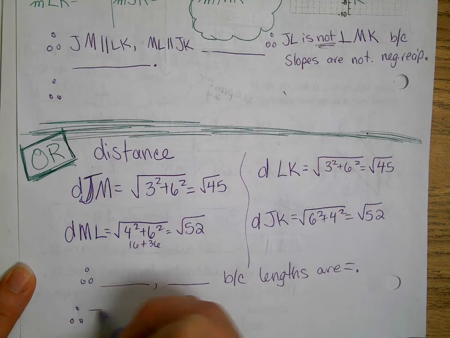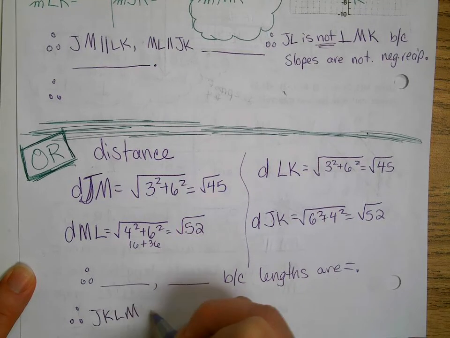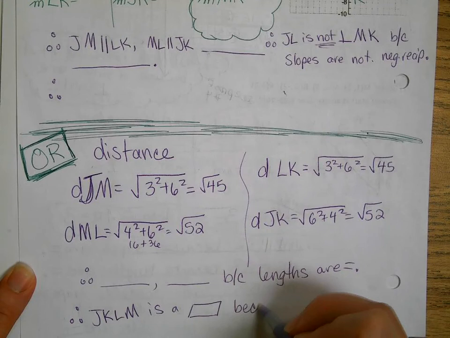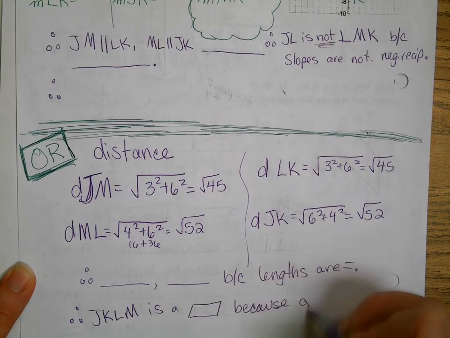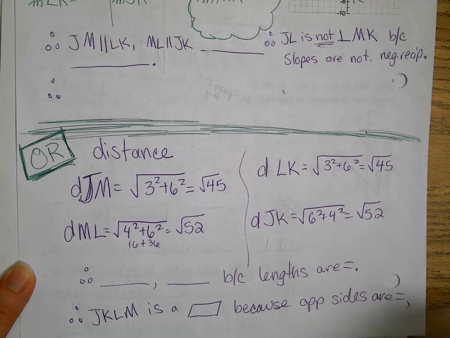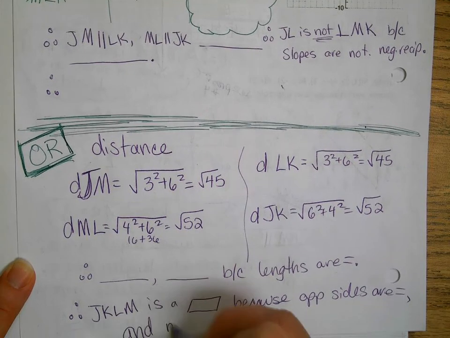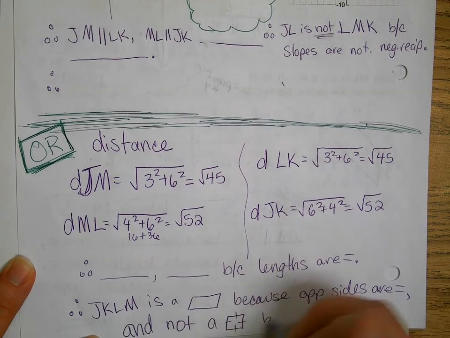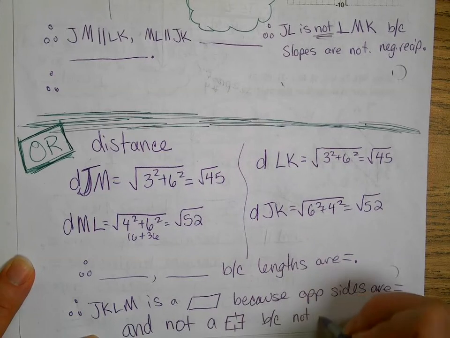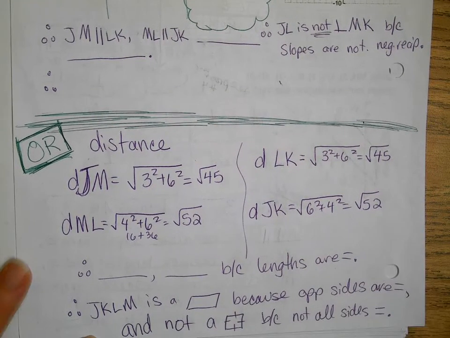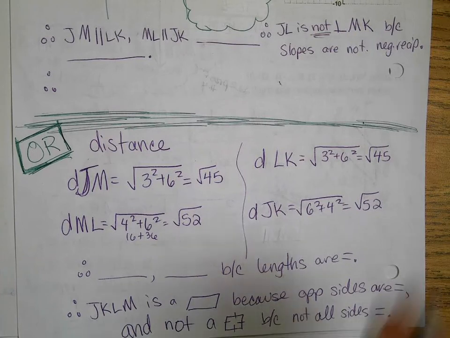And then you would say JKLM is a parallelogram because opposite sides are equal, and it's not a rhombus because not all sides are equal.